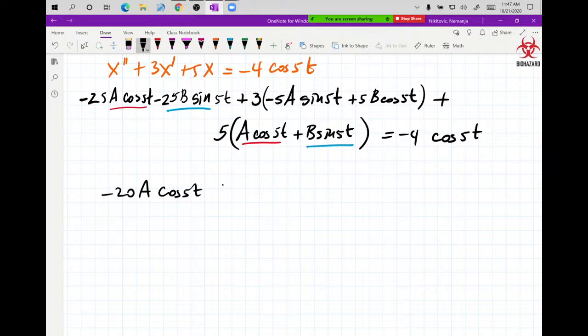And then we take the b terms, negative 25 plus 5b. Don't forget to distribute this one. So that's a 5b, so negative 20b sine.